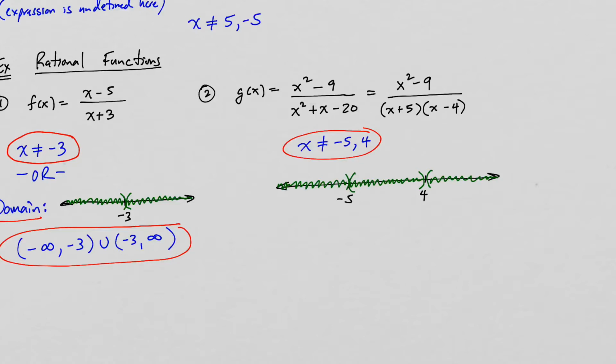So if I'm thinking of this as a domain of a function, we can have any number from negative infinity to negative 5, or any number from negative 5 to positive 4, or any number from positive 4 to positive infinity.